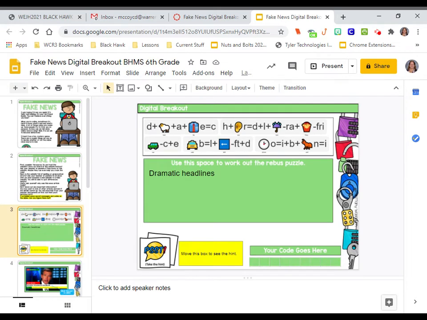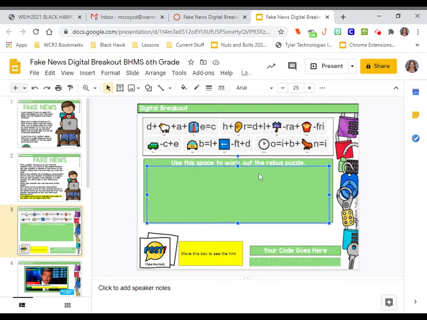Okay, so this first one, people have a tendency to have problems with, but it's really not that hard. You just have to really pay attention to what you're looking at. Each one of these gray boxes contains the clues to a word. Each word goes together to create a sentence.